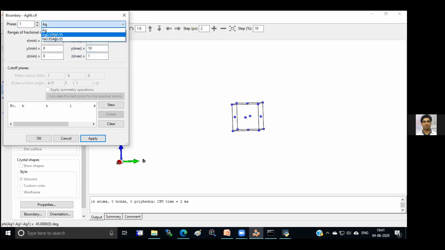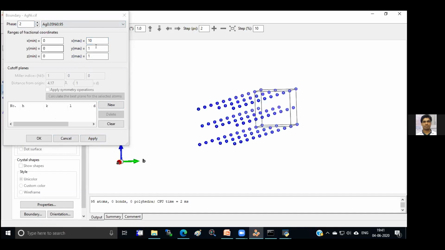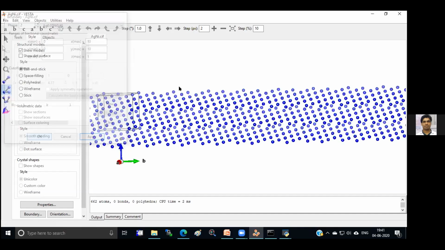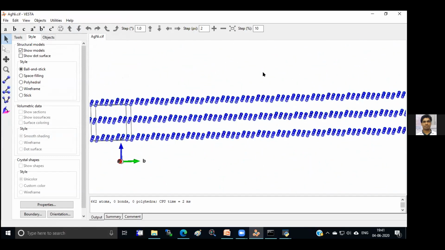This is the silver, but we are looking at this page, silver 0.05 and nickel this one. So now I'm changing x to 10, and see, it is going to change. It will show you 10 unit cells along the a-axis and b-axis. So by this tool you can see that.